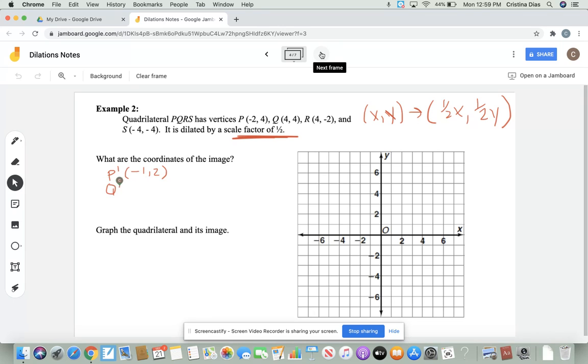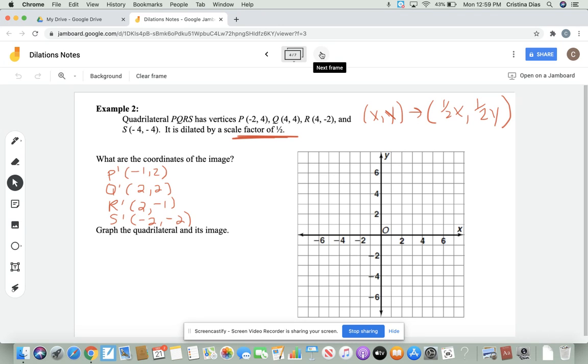Q prime. Q was 4, 4, so 1/2 that would be at 2, 2. R prime, 1/2 of 4 is 2, 1/2 of -2 is -1. And S prime, -4, -4 will go to -2, -2. Just multiply by 1/2 or divide by 2.